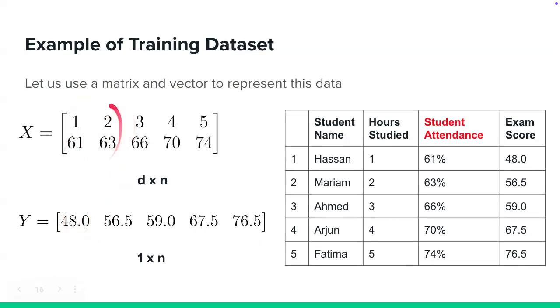This is student two's information, and student two's exam score. Student three's information, student three's exam score. The first row is all of feature one, which is hours studied. The second row is feature two, student attendance. And then in here, we put all the exam scores for every student.